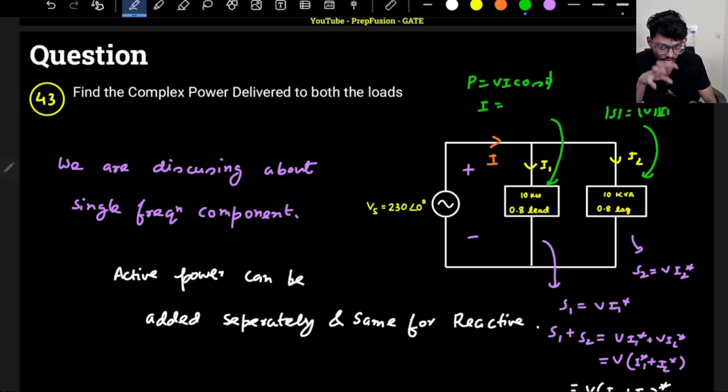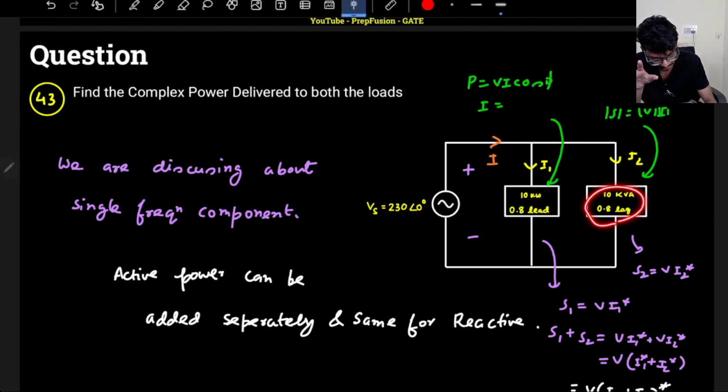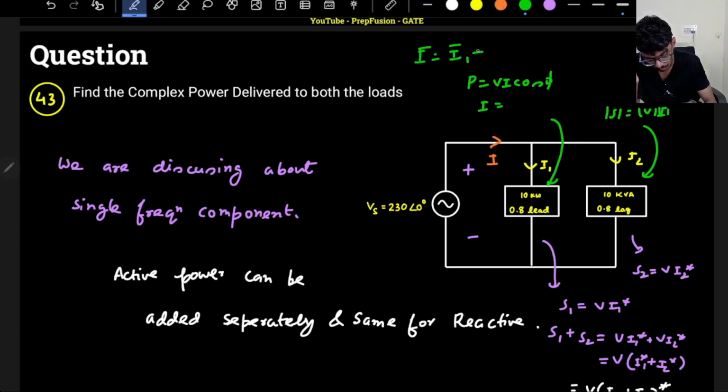If you find out the value of I, then of course you know the angles, this is 0.8 lagging, this is 0.8 leading. From here you will be able to find out phi 1 and phi 2, and overall I will be equal to I1 plus I2. And then you do S equals V I conjugate. Put it in the comments below if you have done this homework.